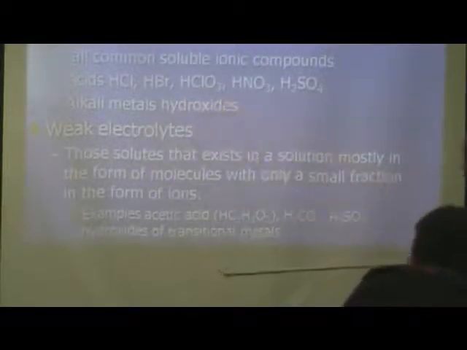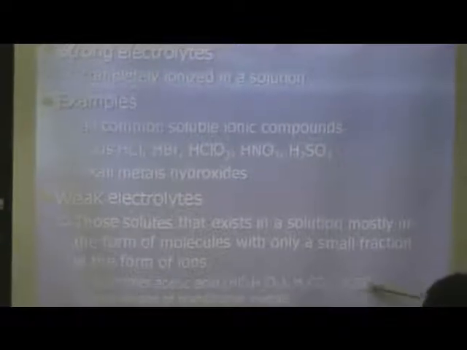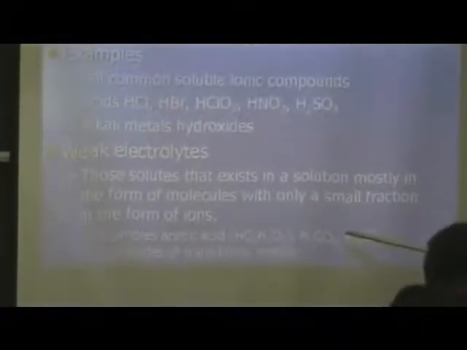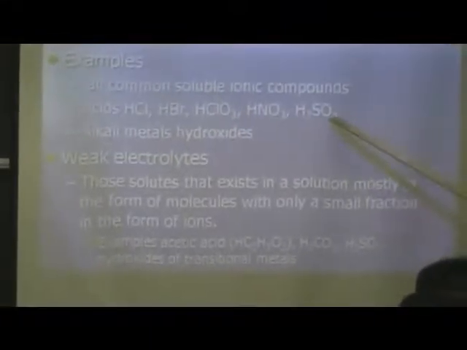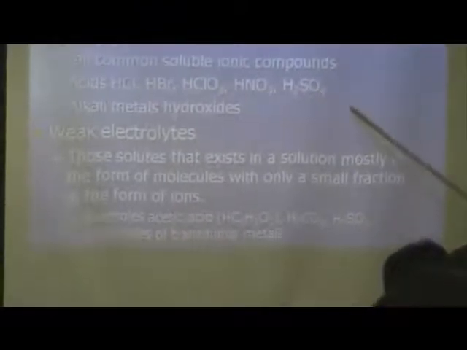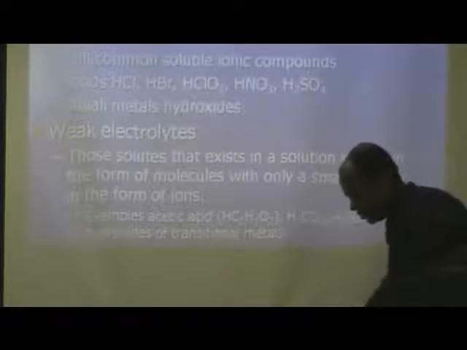Okay? Also, do you remember this acid? Sulfurous acid. Where does sulfurous acid come from? From sulfuric acid. Actually, there's a difference between sulfate and sulfite. Do you remember the difference?